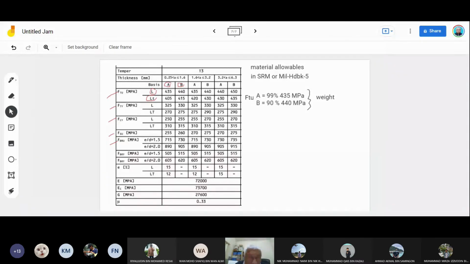Then if you go into the next one, L and LT. Okay. When you make parts, when you make plate, such a plate, they have an ingot, they call it, or a block of aluminium. They will melt it, semi-melt, and then they roll it.